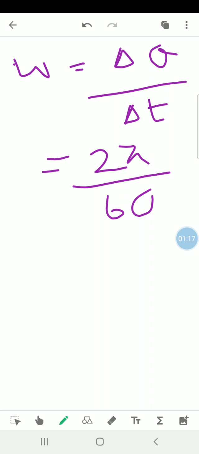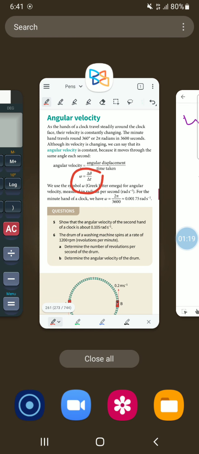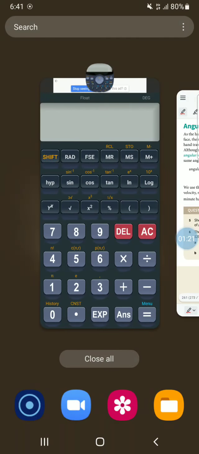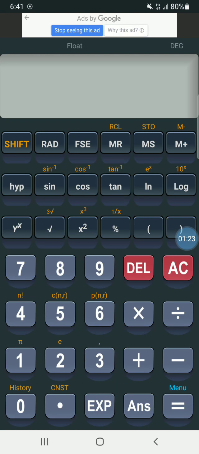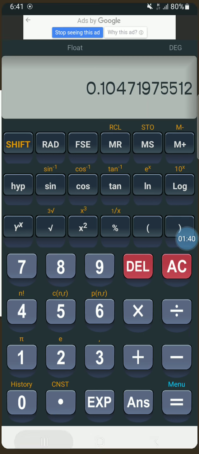So let's solve this and see the value that we get. Take the calculator, then 2 pi divided by 60 equals 0.104, that rounds off to 0.105.